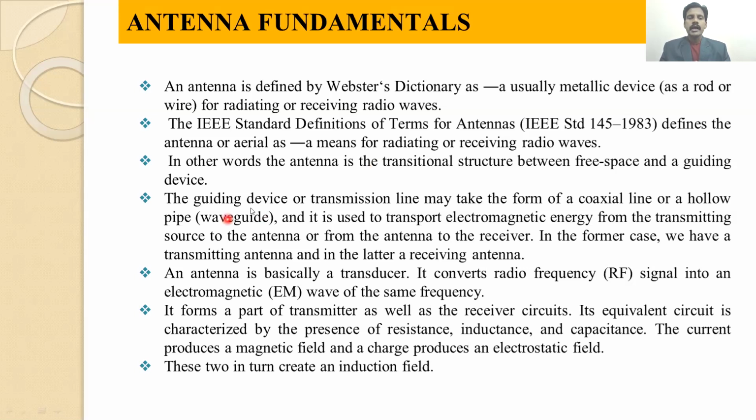Our guiding device may be a transmission line, in the form of a coaxial cable or waveguide, any type of transport medium which is able to carry electromagnetic energy from the transmitting side to the receiver.